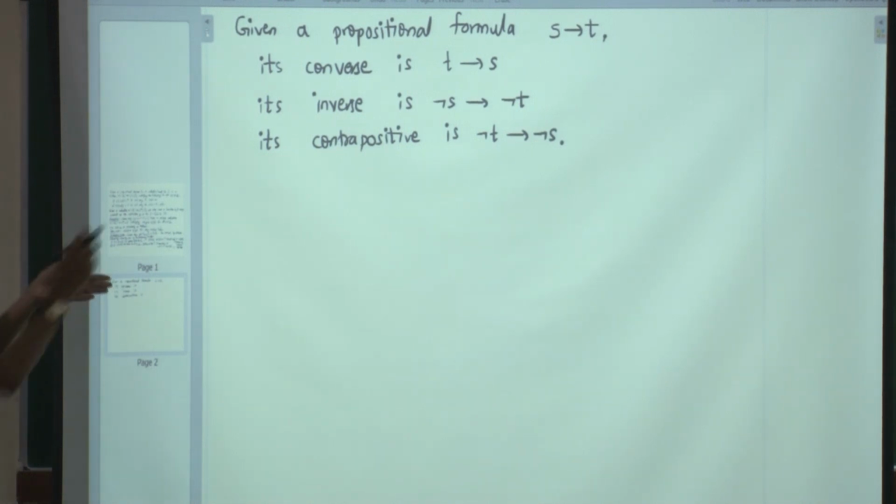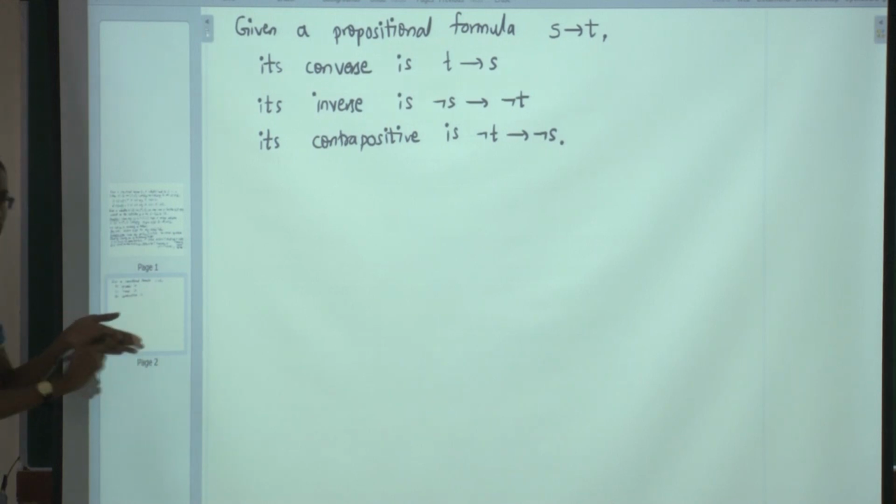Syntactically as in do they look exactly the same? Do they read the same? No. But they are the same. So what does it mean to be the same? Same semantics. Semantics is a valuation for us. So what does that mean? They have the same truth tables, yes.